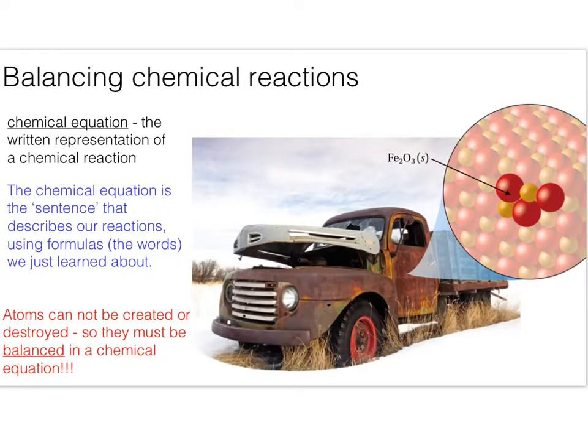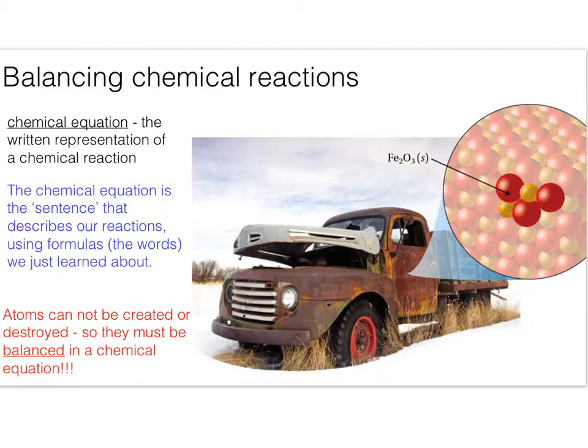And so in that previous example, the chemical equation is effectively the written representation of a chemical reaction. That is our shorthand nomenclature to allow us to understand what is going on. It's the sentence that describes our reactions, the chemical transformations. It just uses formulas as a shorthand to describe that.